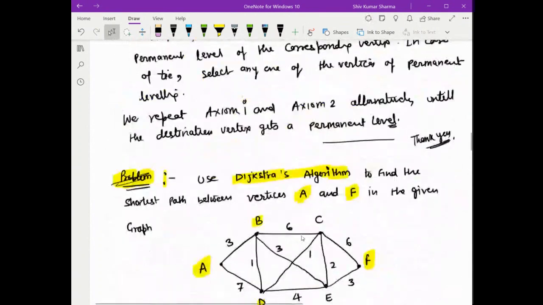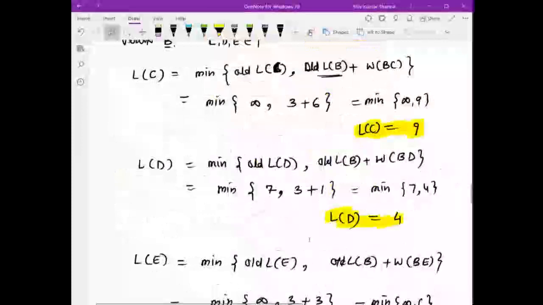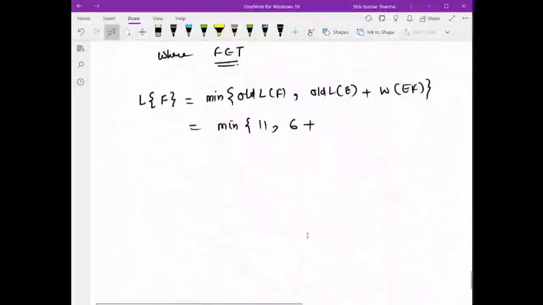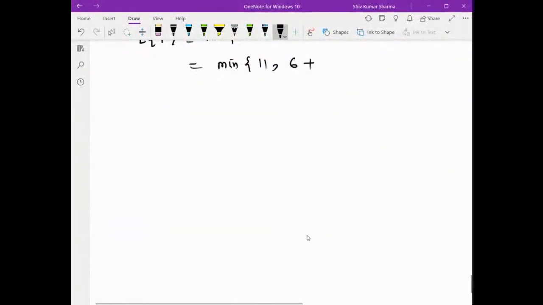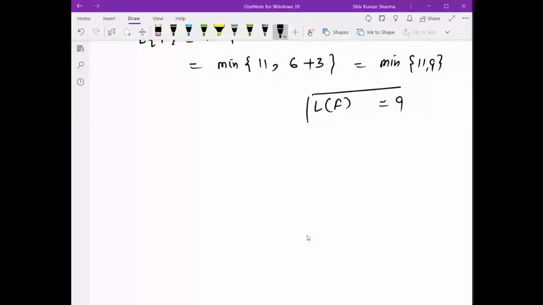What is the weight of EF? The weight of EF is 3. So this is the minimum of 11 and 9, which gives us 9. So the level of F is equal to 9.